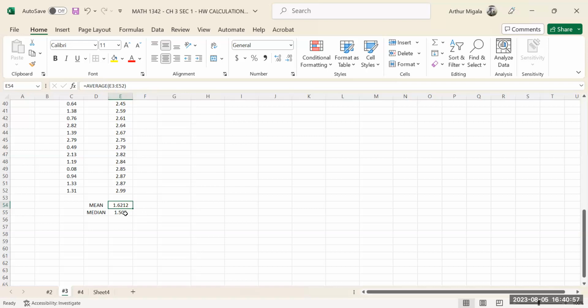The mean is 1.621. It says round to 3 decimal places, and the fourth one is a 2, so I don't need it. And the median is 1.505.